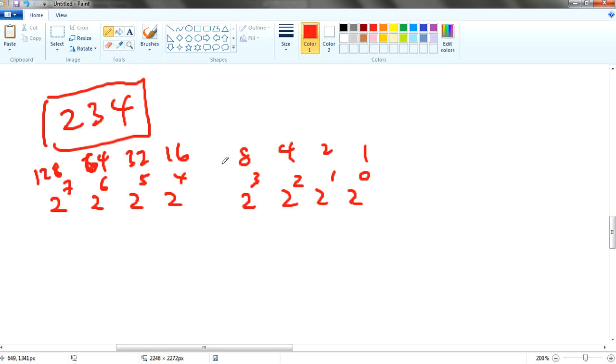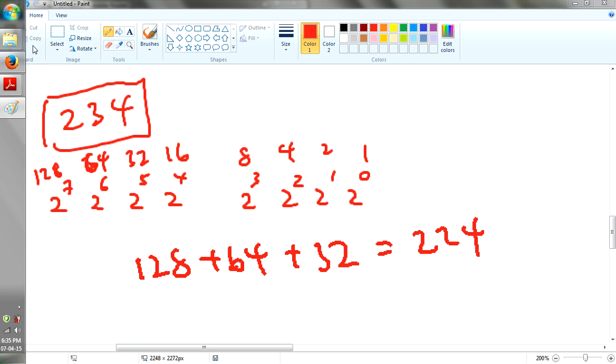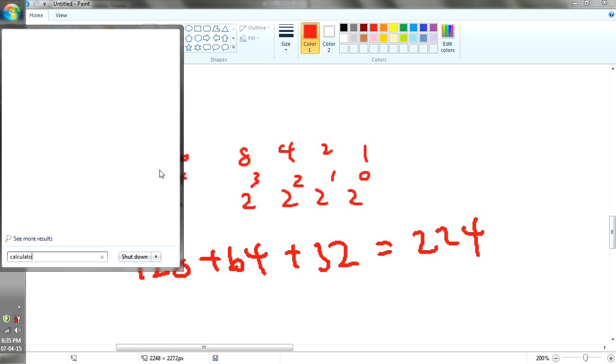If you sum up the largest ones, 128 plus 64 is 192, plus another 32 gives 224, which is 10 smaller than 234. If you don't believe me, 128 plus 64 plus 32 is 224, right?